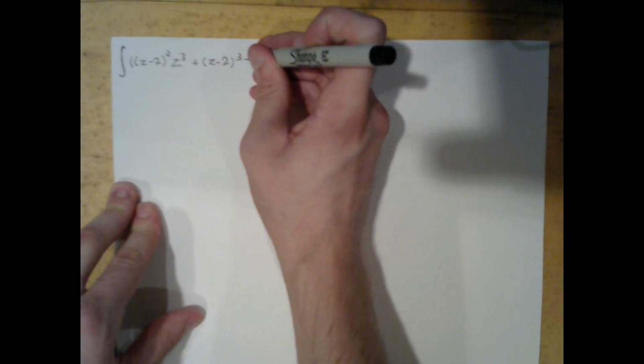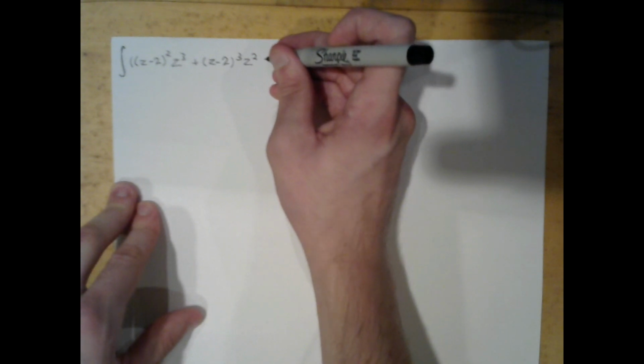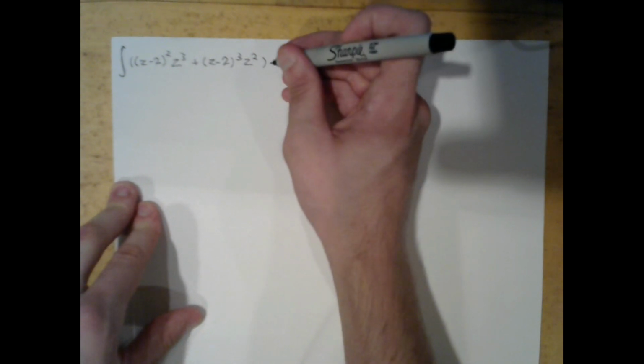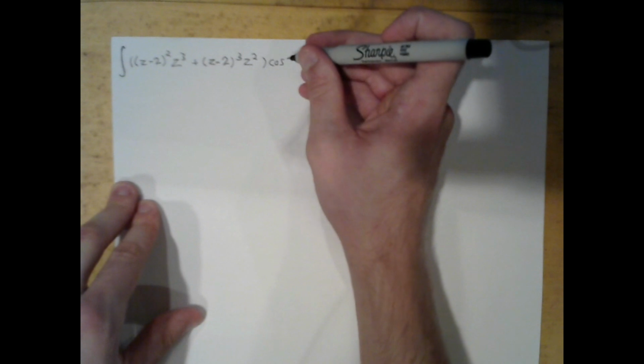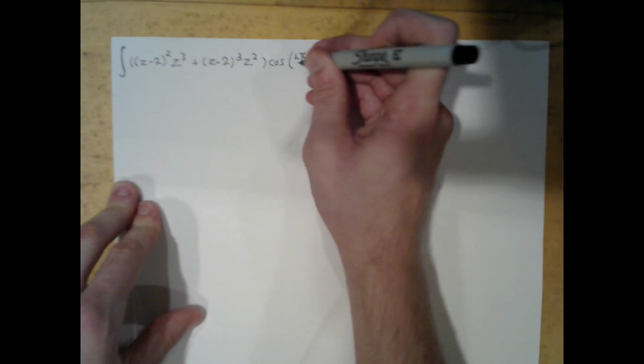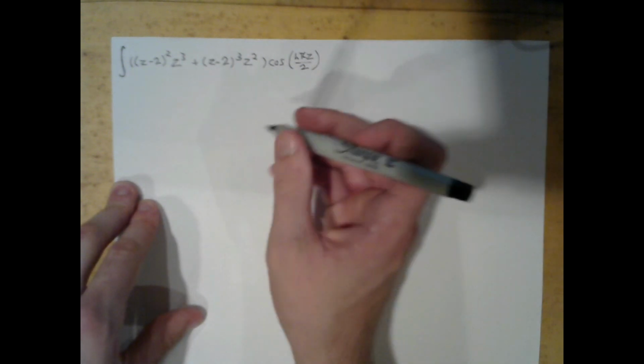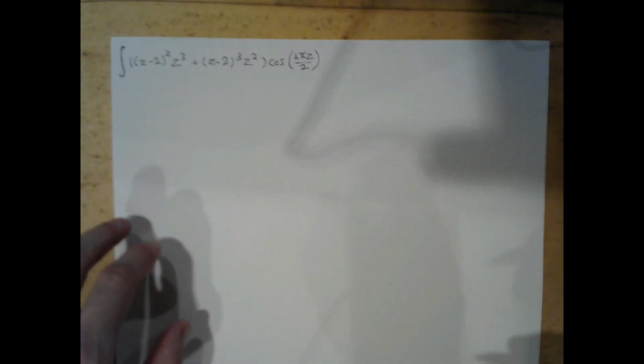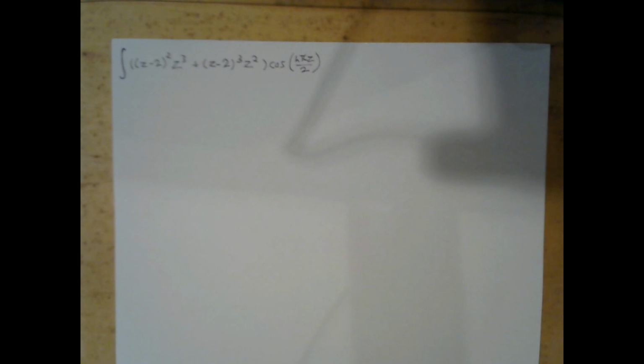Got to be careful to draw these 2's in so they don't look like z's. And then this is all going to be multiplied by cosine h pi z over 2 every single time. Okay, and so again, we pulled out the h pi on the bottom, so this is our new integral now.